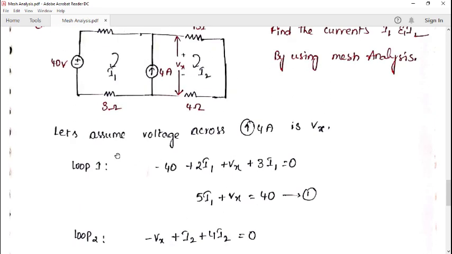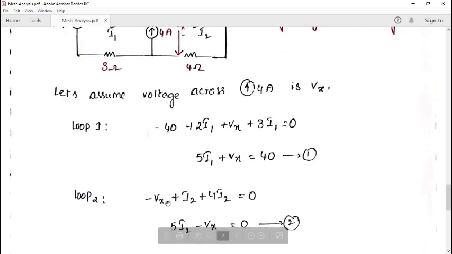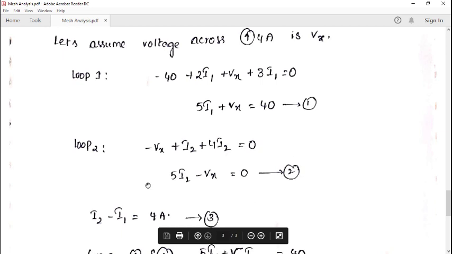And for loop 2, we are moving in clockwise direction. Minus Vx, 1 ohm into I2, and 4 ohm into I2. Minus Vx plus I2 plus 4I2 equal to 0. 5I2 minus Vx is equal to 0. Let us treat it as second equation.